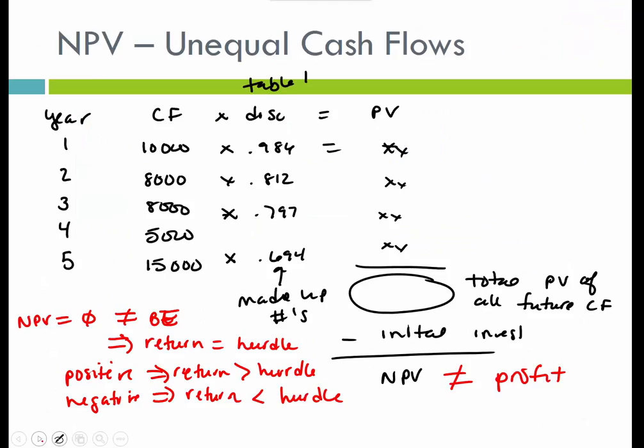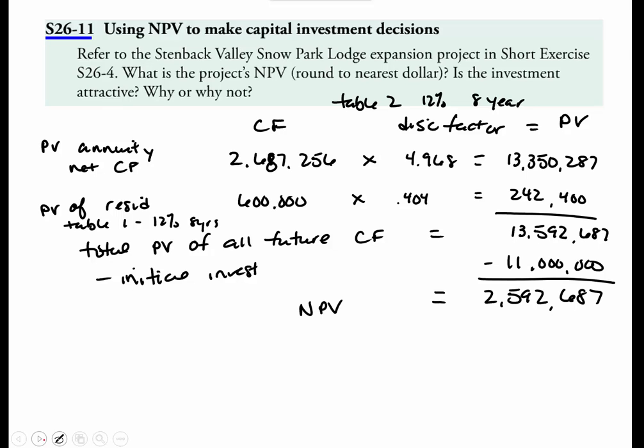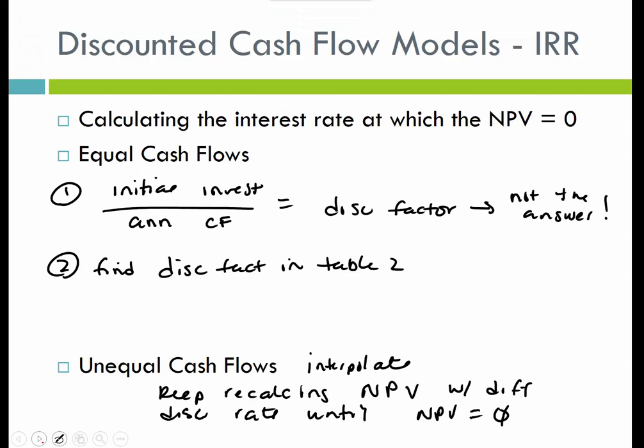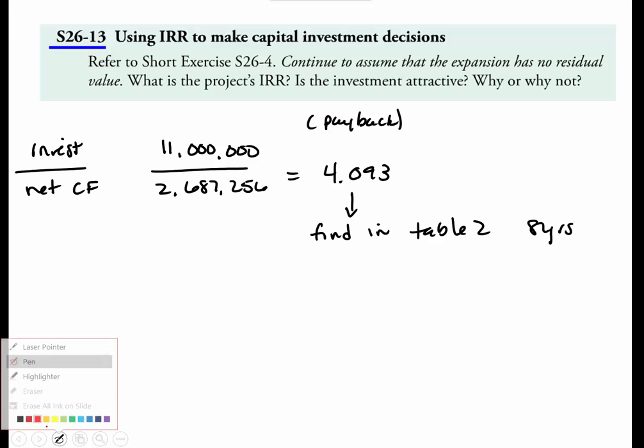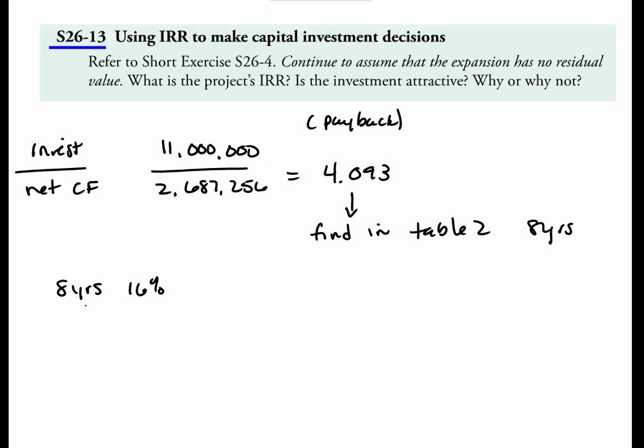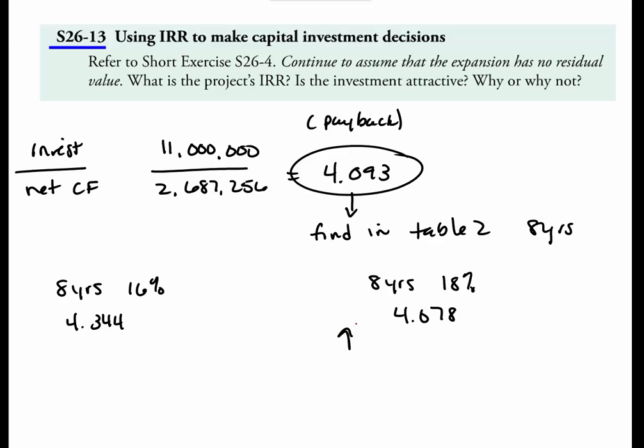So at 16, 8 years at 16%, the discount factor was 4.344. I'm just taking that off the table. 8 years at 18% was 4.078. And so we can see our number would fit in right about here, right?